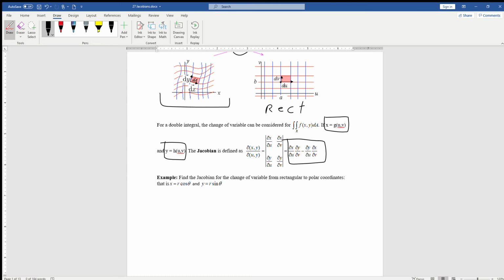You may recall when we were taking a look at the different types of coordinate systems. Specifically, we took a look at the cylindrical system and we took a look at the spherical system. And you may recall that we had these multipliers. You may recall we had r dz dr d theta. That was a multiplier that took rectangular and turned it into cylindrical.